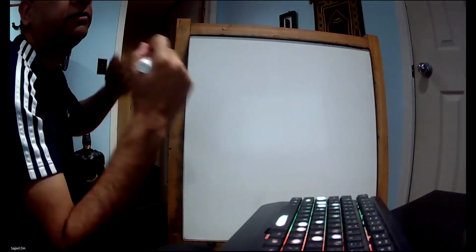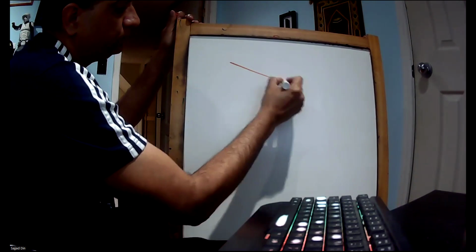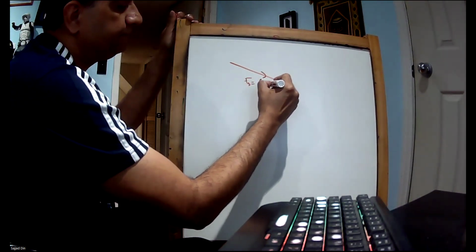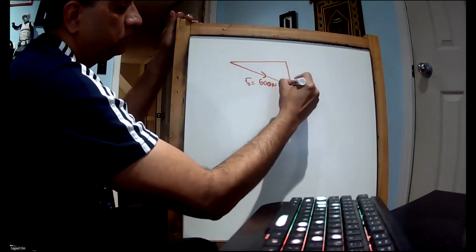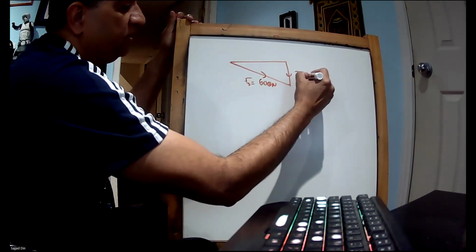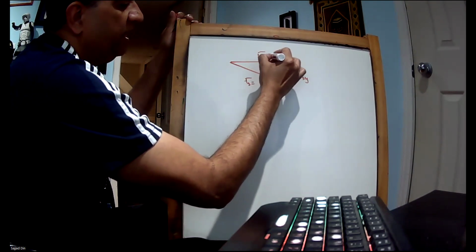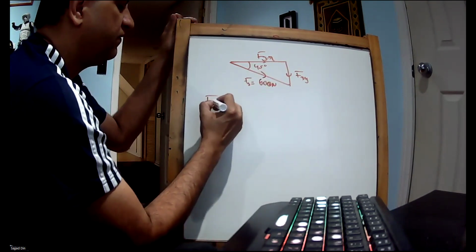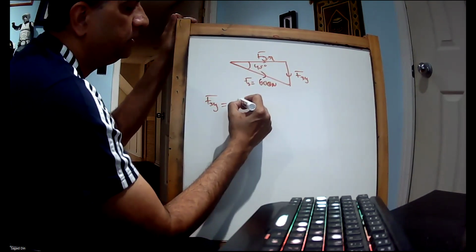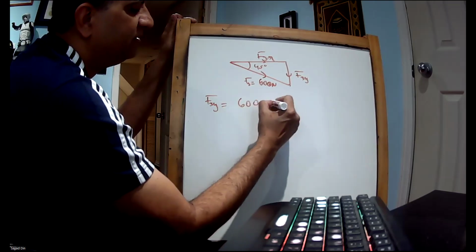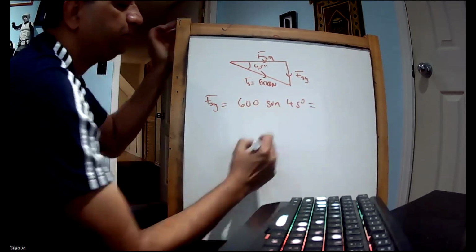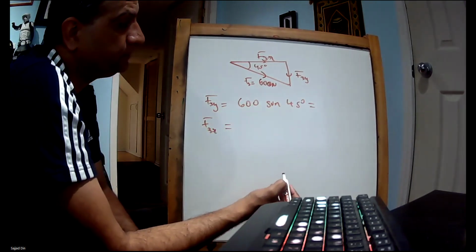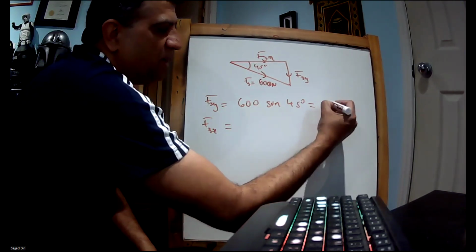For F3, let's go 600 newtons. F3y, F3x. This is 45 degrees. So F3y is equal to 600 sine 45 degrees. And that's going to be the same as F3x, except whatever you get here is going to be minus.